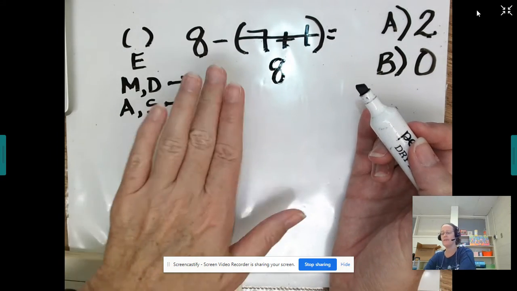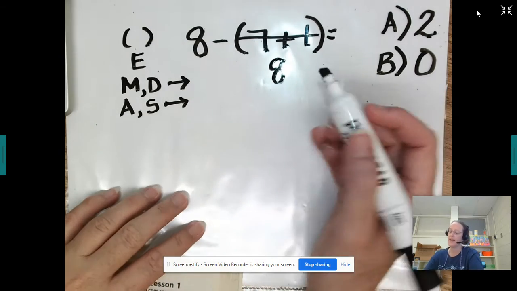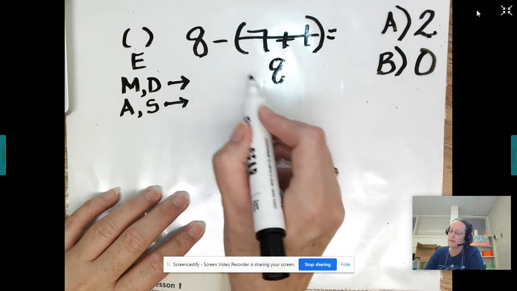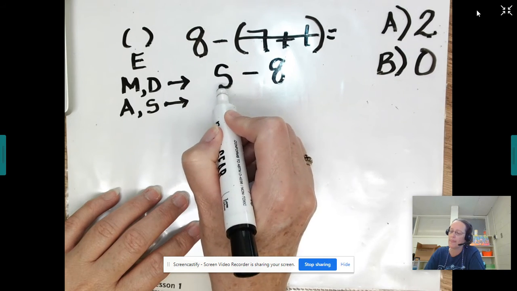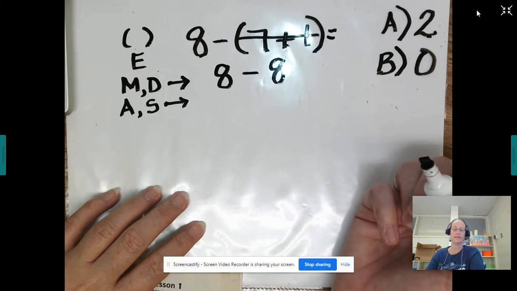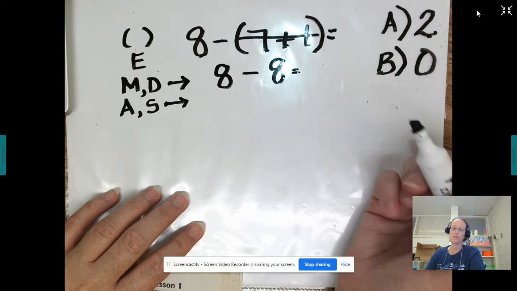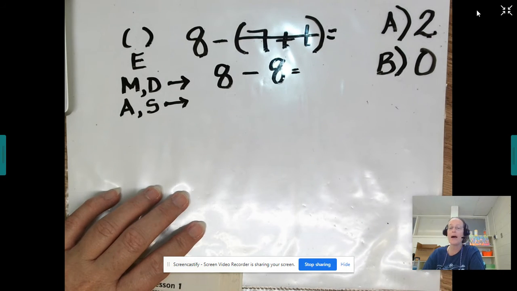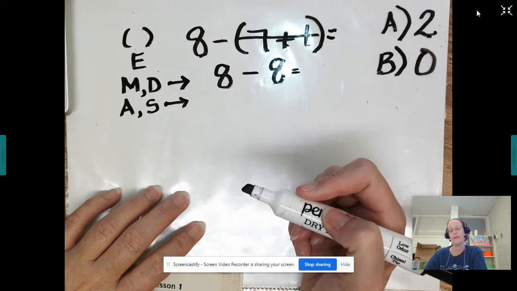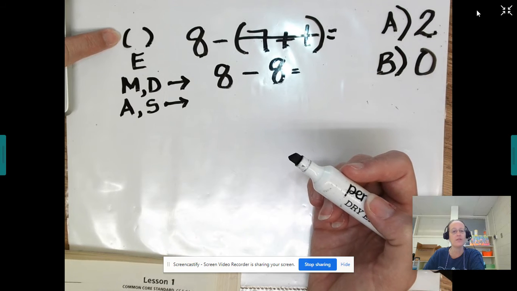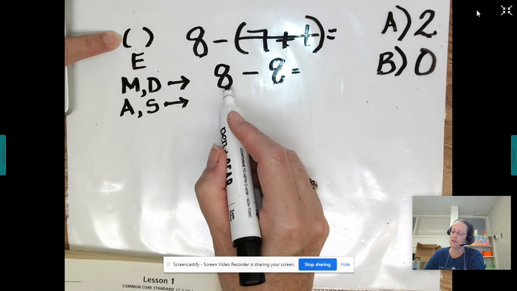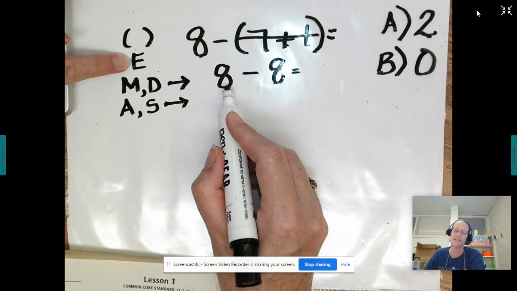Now everything else in the expression has to be copied exactly in the same order in which it was originally written. Now my new numerical expression is 8 minus 8. So I go back to the beginning of my order of operations and I say, are there any parentheses? No. Any exponents?